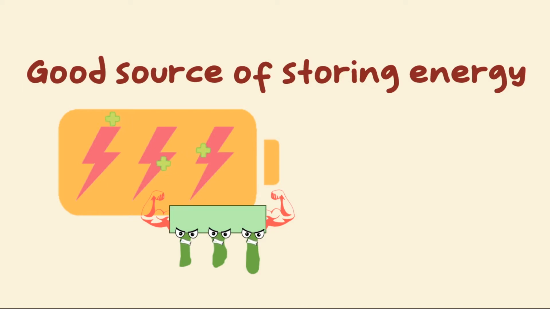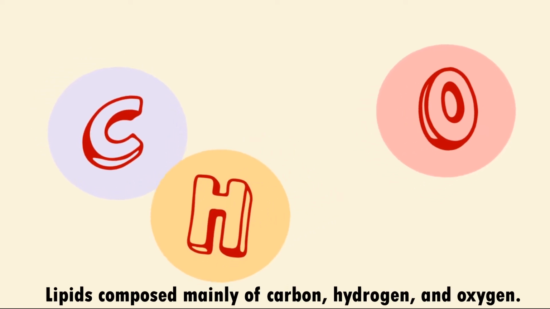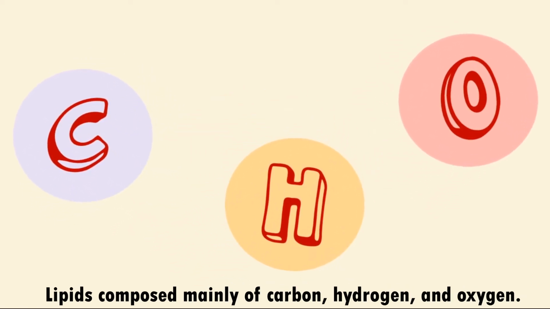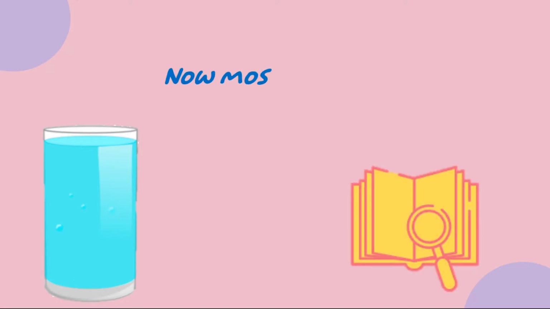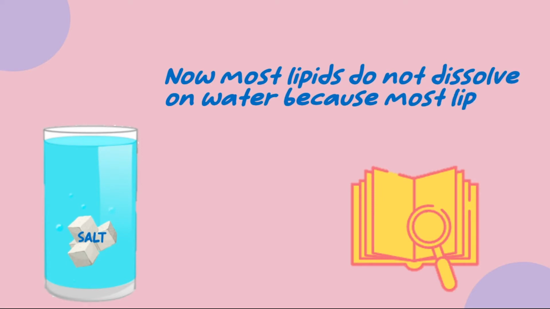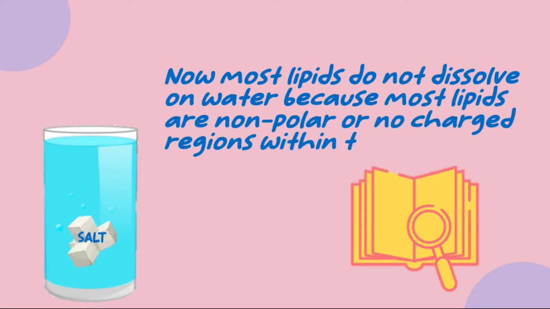Structure of lipids. Lipids are composed mainly of carbon, hydrogen, and oxygen. Now, most lipids do not dissolve in water because most lipids are nonpolar, or have no-charge regions within the molecule.